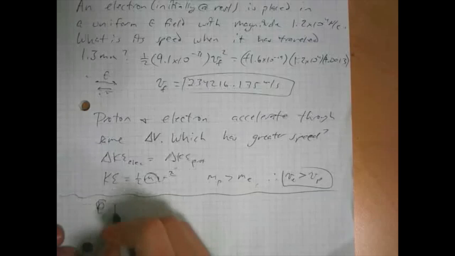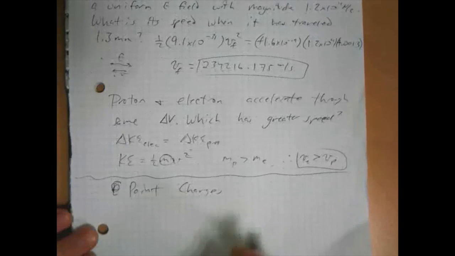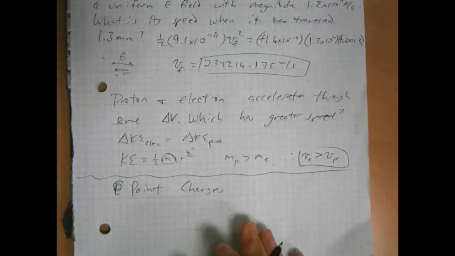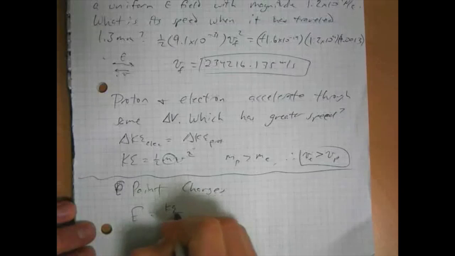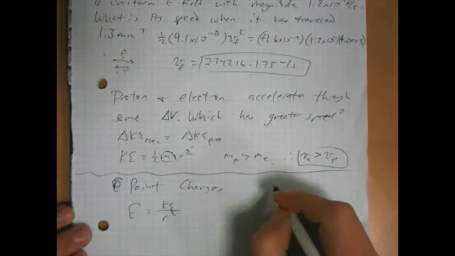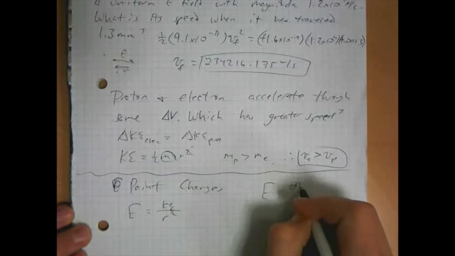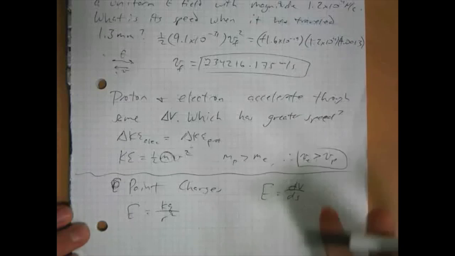Point charges. We know the electric field of a point charge is kq over r squared. We also know that electric field is minus dV by ds.